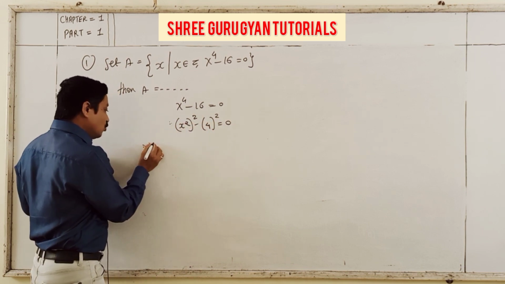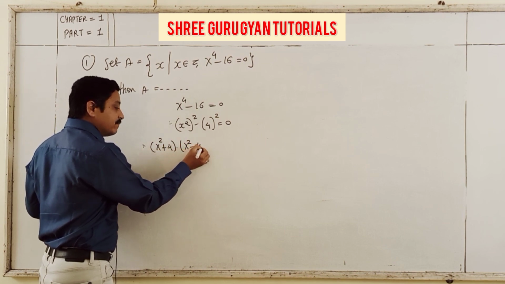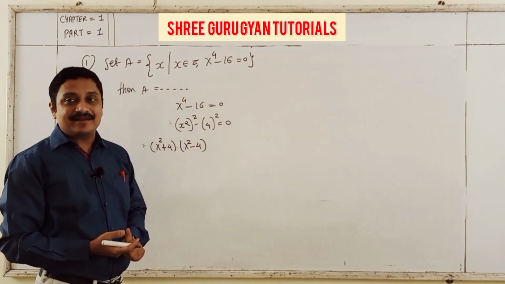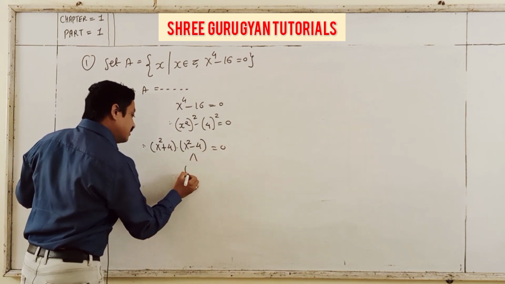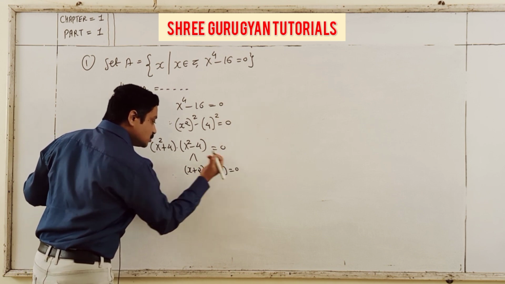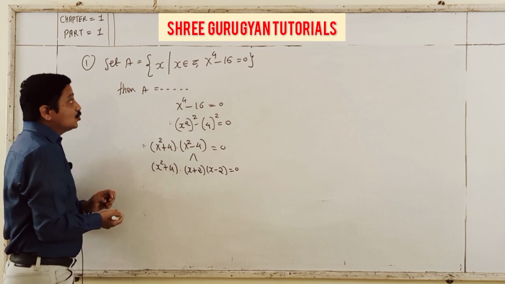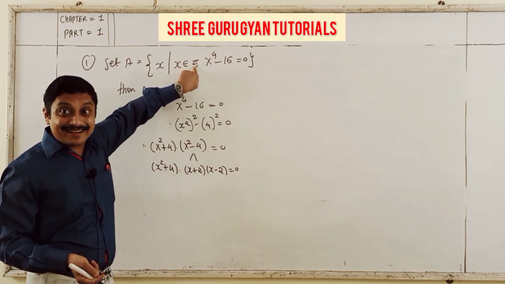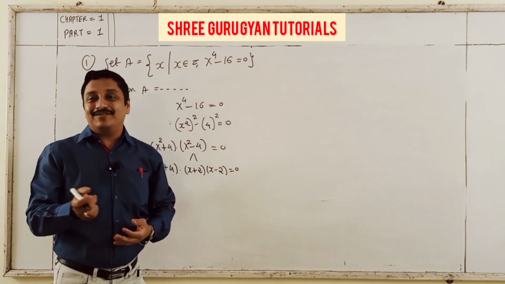It means you have two factors, x square plus 4 and x square minus 4. One more factor you will declare after that, x plus 2 and x minus 2. Now your question asks for x belonging to Z, so we go to the simple form to find the value of x.